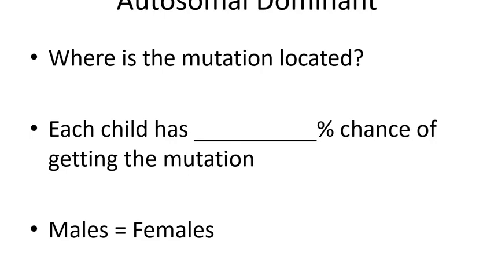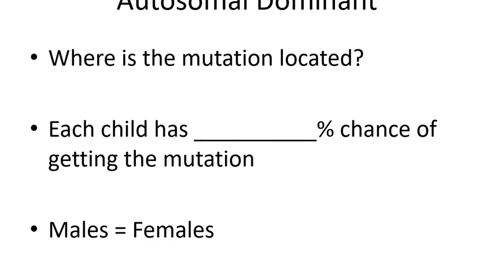And because it is dominant, they will get the disease or condition that is associated with that mutation. With autosomal dominant, males equal to females because it is on an autosome, not on a sex chromosome. So it's found equally. If neither parent has an autosomal dominant mutation, then there is 0% chance that a child will have that mutation, unless something happens when we talk about multifactorial, where something can happen in utero and a mutation can occur.